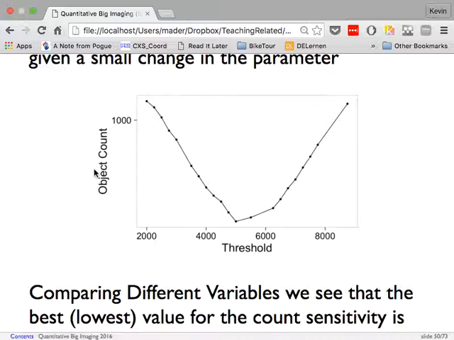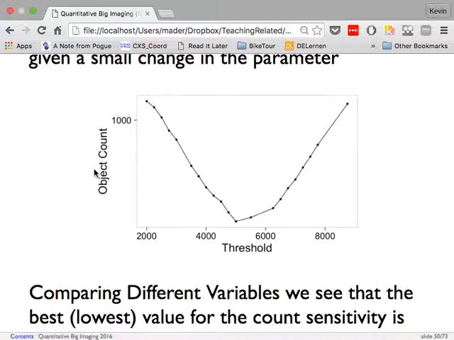Around 5,000. Yeah. Why? We'll have fewer objects, so noise would be unlikely to affect them. Because if we have more objects, then it's more likely that noise can affect what we see.